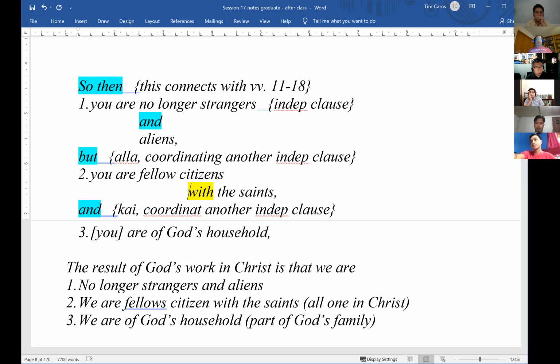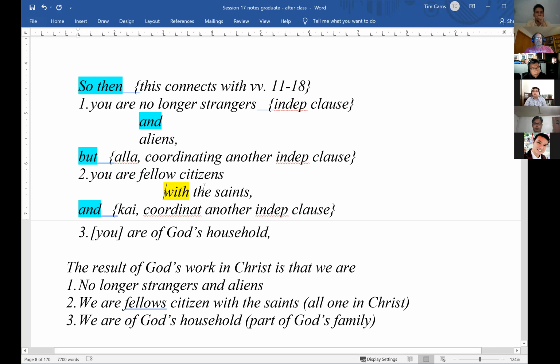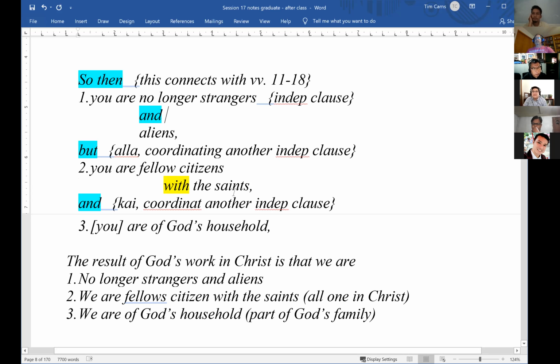What kind of citizens? Fellow citizens with the saints. So that's another little piece to this. We'll deal with that later. Let's go on to another passage. Are there any questions on this one?